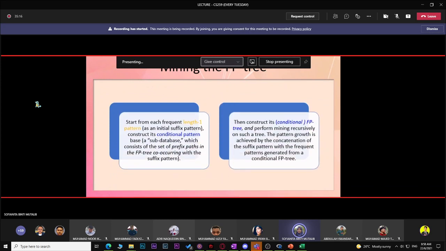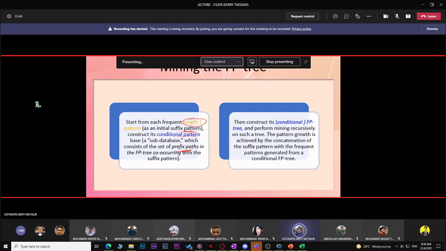Mine it. Okay, how we are going to mine the frequent pattern tree? As we see in the tree, it will be for each length one pattern. For each length one pattern, ataupun we are referring to the suffix pattern, means that it should have a conditional of that particular branch, which is with a set of prefix.